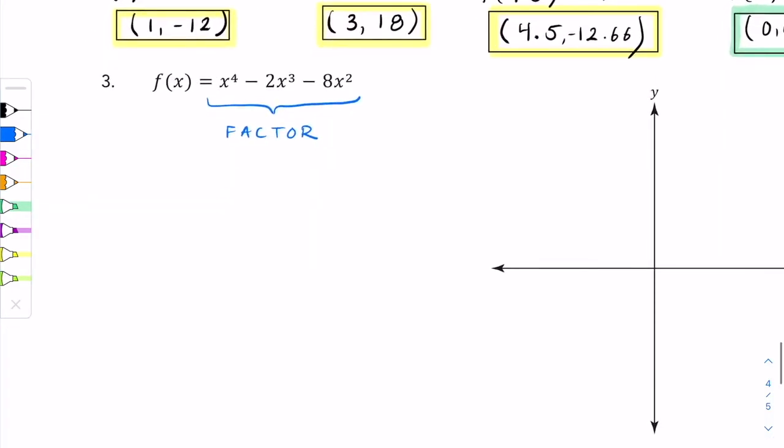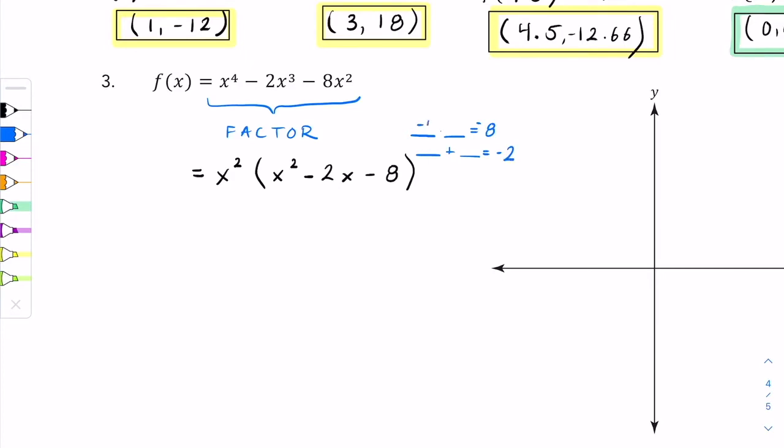So again, in order to find the zeros, you need this to be in factored form. I'm going to start by factoring out x squared. That's the greatest common factor. Left over is x squared minus 2x minus 8. And then I have to think to myself, what two factors multiply to equal negative 8, and the same two factors that add to equal negative 2.